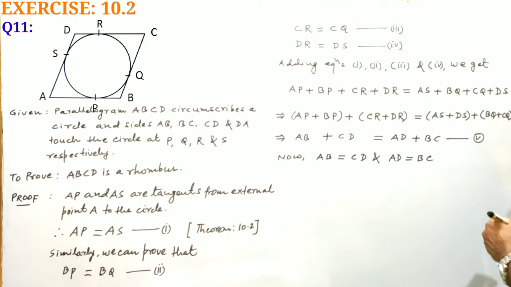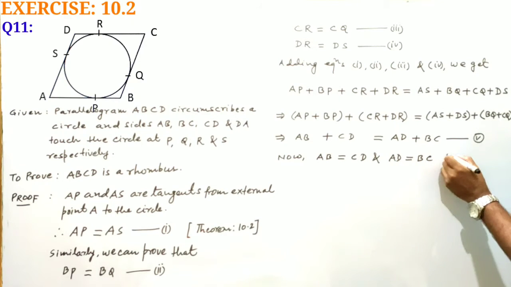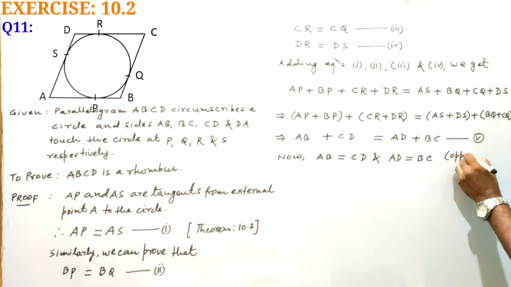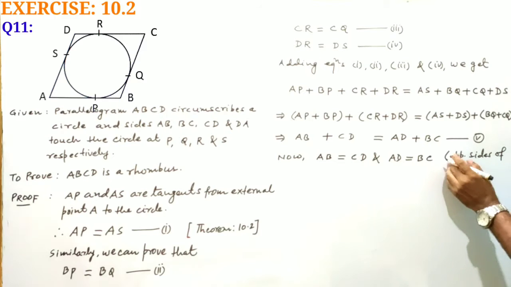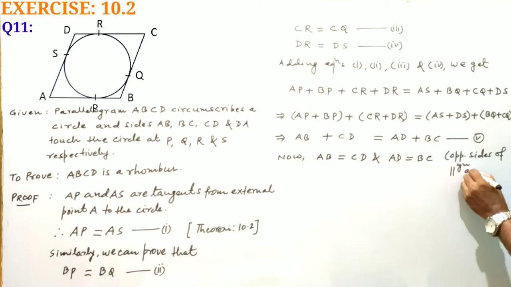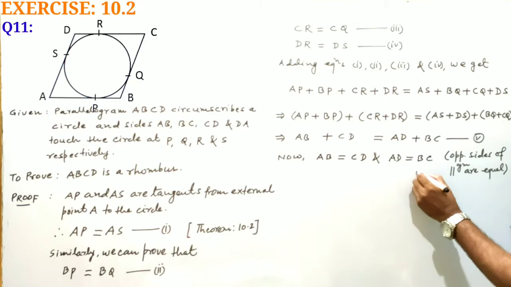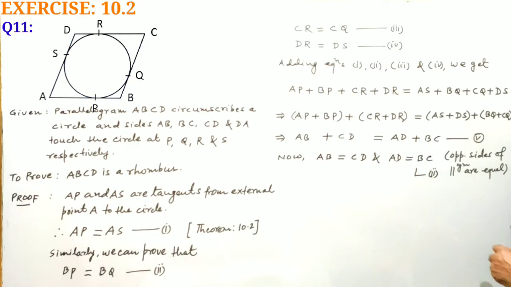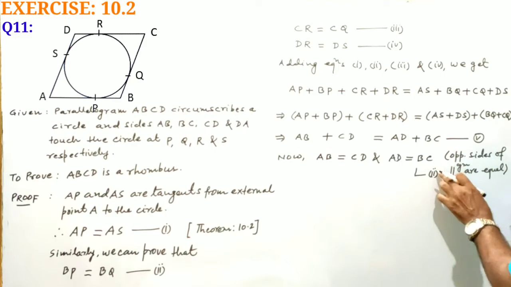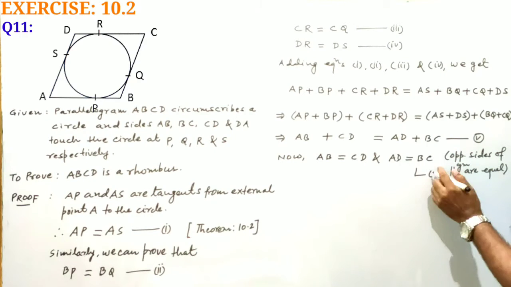Opposite sides of a parallelogram are equal. Let it be equation number 6.